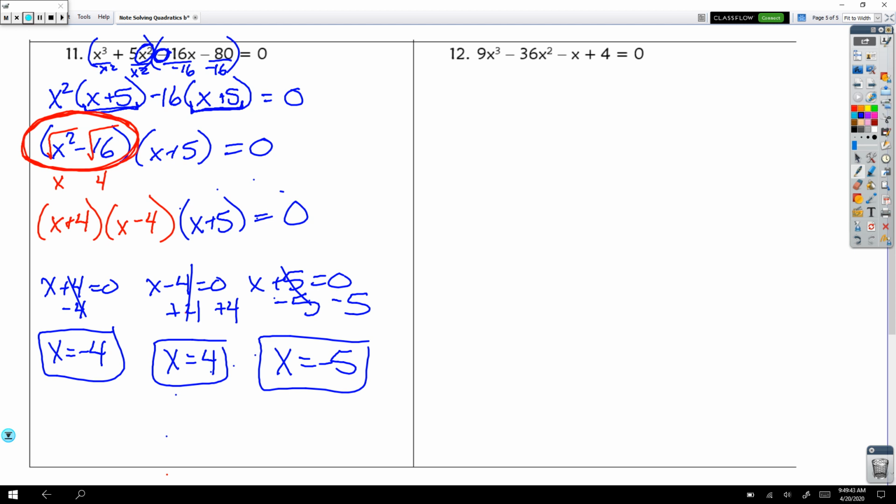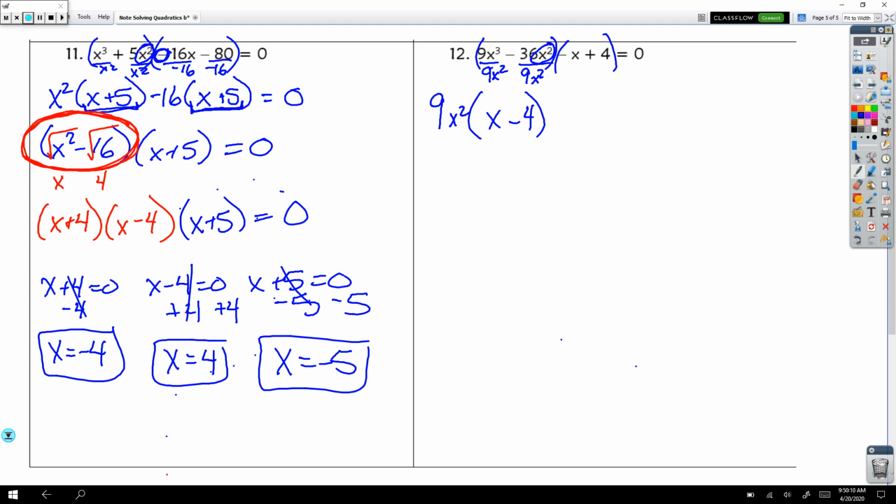Alright, number 12, let's do the same thing. No GCFs, so we go right into my grouping. So the first grouping, I can take out a 9 and an x squared. So that would leave me with 1x and minus 4.